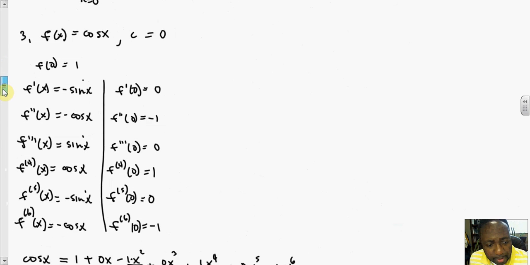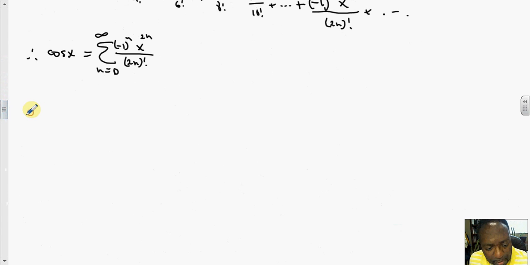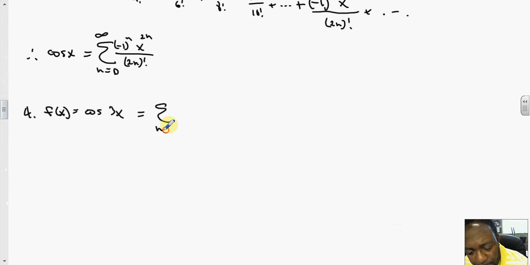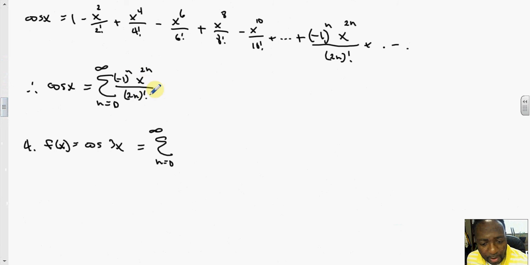And here's the neat thing about the cosine. Let me make this number 4. What if you have f of x is equal to cosine of 3x? There's a problem in the book, I think it's 3x. It's probably sine, but it doesn't matter. This is the summation as n goes from 0 to infinity. I take this guy right here, and wherever I have x, I write 3x.